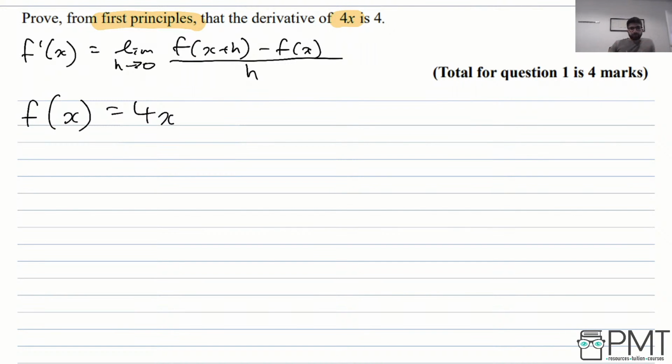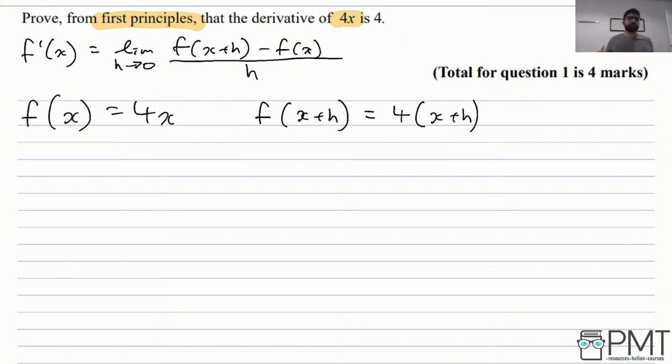Then you should really be comparing what you have in the formula. We have got f of x. We said that f of x is 4x, so that can be substituted, but we need to find f of x plus h. So if you write f of x plus h, that is going to be 4 times x plus h.